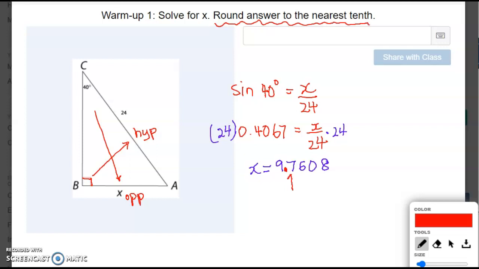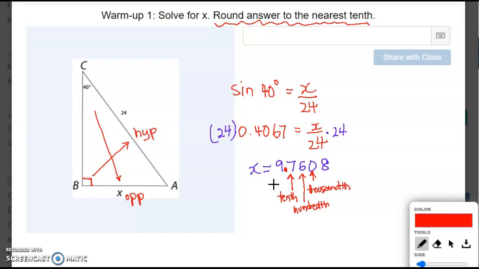The first digit after that is the tenth. The second digit is the hundredth. And the third digit is the thousandth, and then ten-thousandths and so on.